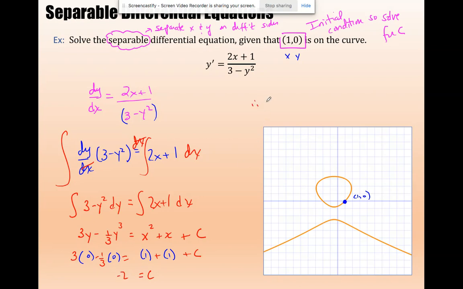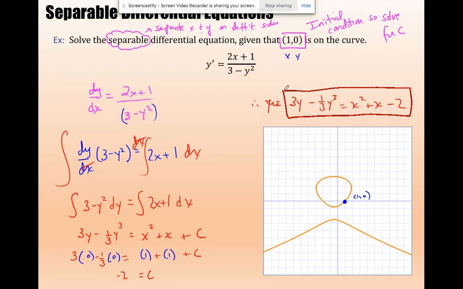Therefore, the solution, particular solution, given that 1, 0 is on the curve, is 3y minus 1/3 y cubed is equal to x squared plus x minus 2. No, I'm not going to get y by itself, right? Notice I can't get y explicitly in terms of x anyway. Look at the graph.